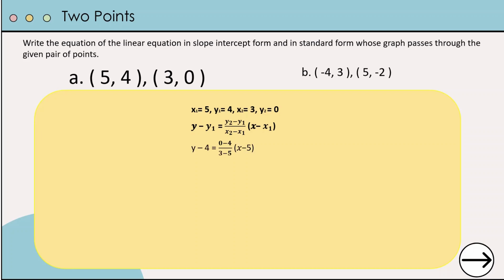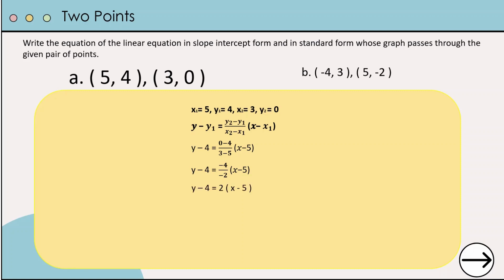The result will become y minus 4 equals (0 minus 4) over (3 minus 5) times (x minus 5). Let us simplify. (0 minus 4) over (3 minus 5) becomes negative 4 over negative 2, times (x minus 5).